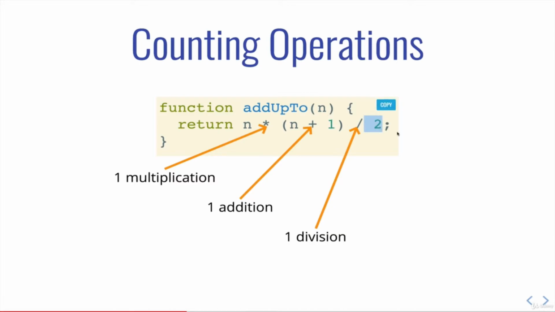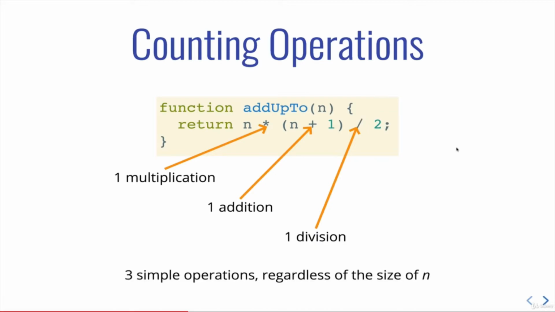The computer doesn't really need to do much there, at least compared to multiplication, addition, and division. Those are operations. So there are 3 operations, and it doesn't really matter what n is. If n is 2, or if n is a billion, there's only 3 calculations happening. So 3 simple operations regardless of the size of n, whether it's small or massive.